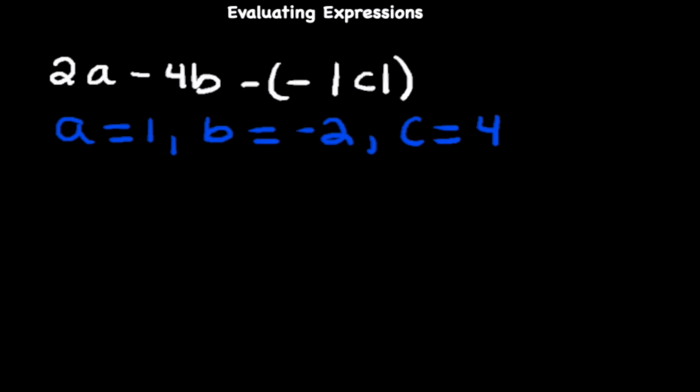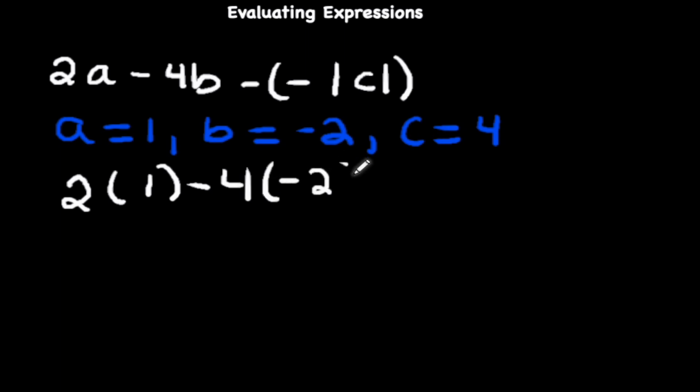Okay, so let's go ahead and substitute our letters with numbers. Okay, so 2 times 1 minus 4 times negative 2 minus absolute value of 4, and end it right there. So now what I want to say is that when you're working with grouping symbols, always work from the innermost grouping symbols to the outermost grouping symbols.